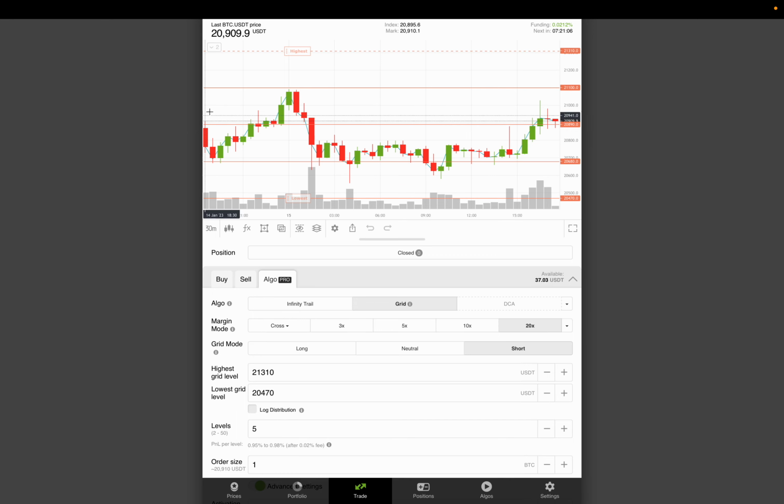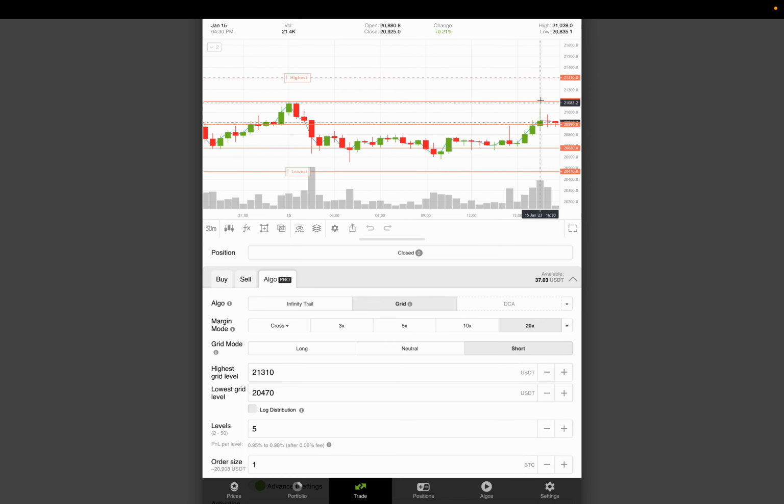Whereas if the market goes the other way around, you already have a -2 BTC position at this level, you'll sell another BTC here, another BTC here, and the market price goes up and leaves the range and goes higher. You'll have a nice negative position of -4 BTC, and you'll be losing money on it if the price goes up, right?